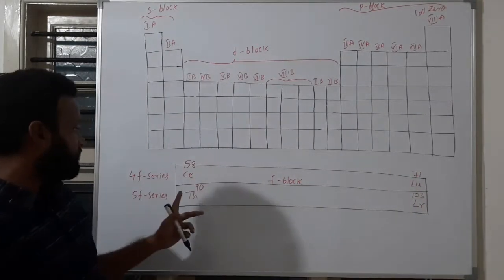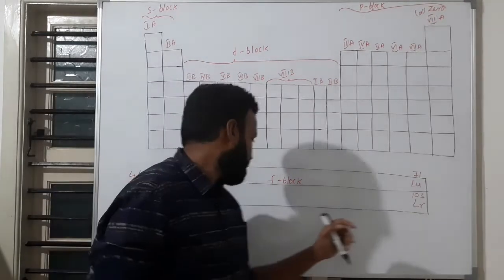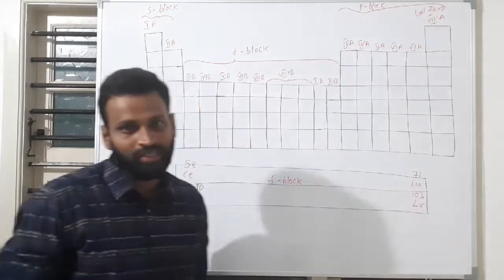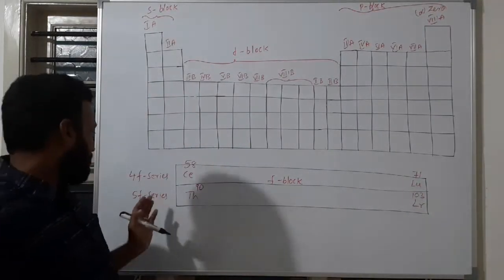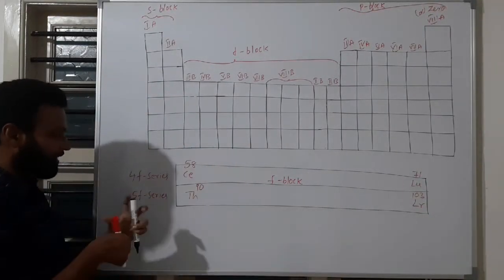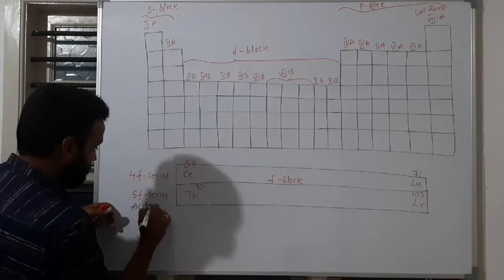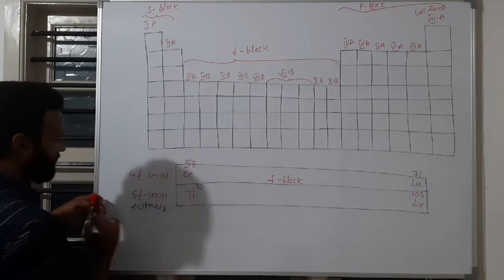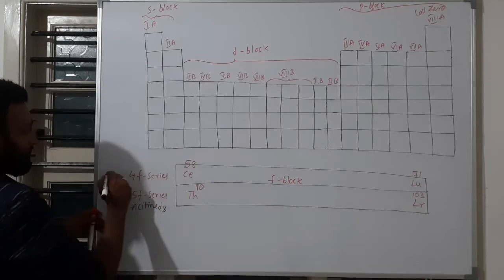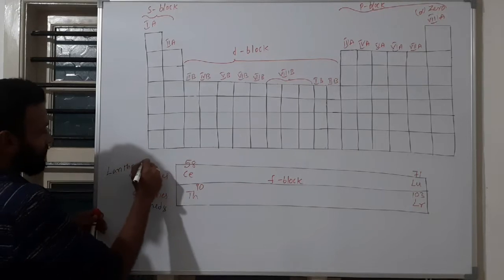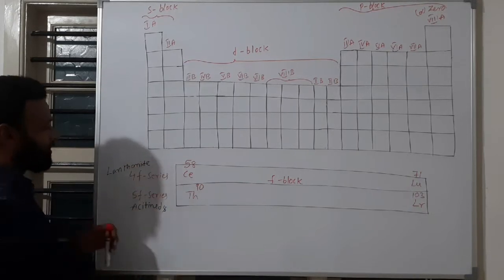The 5F series goes from thorium to lawrencium, so 90 to 103. These are called actinoids, or actinides. And the others are called lanthanides, or lanthanoids, not a problem.